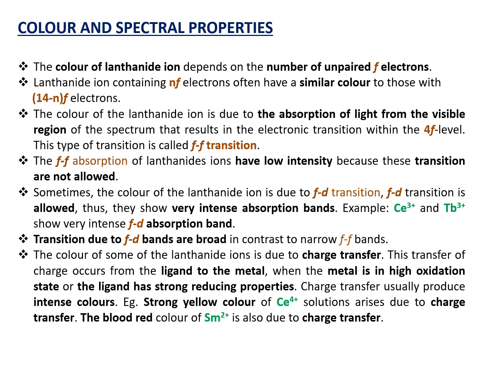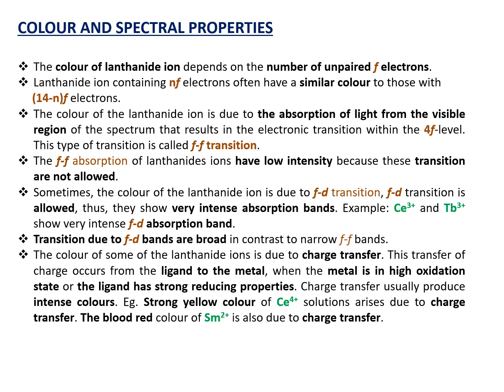The f-f absorptions of lanthanide ions have low intensity because the transitions are not allowed. The f-d transitions are allowed and give very intense absorption bands, for example in cerium. The bands due to f-d transitions are broad in contrast to narrow f-f bands.